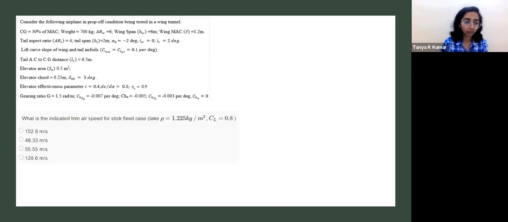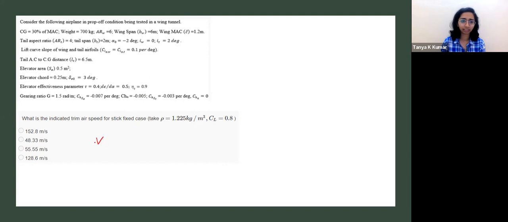Next, what is the indicated trim airspeed for stick fixed case? How do you find out the velocity?